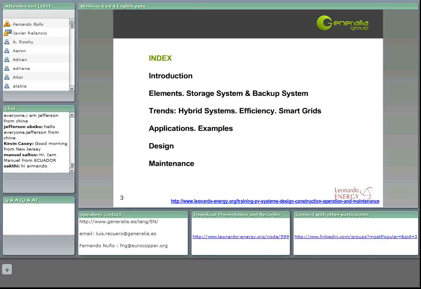We will do a brief overview on the hybrid systems, the efficiency and the smart grids. We will continue with some examples of application of this kind of facilities, and we will end the session with the design and maintenance of one of these projects.